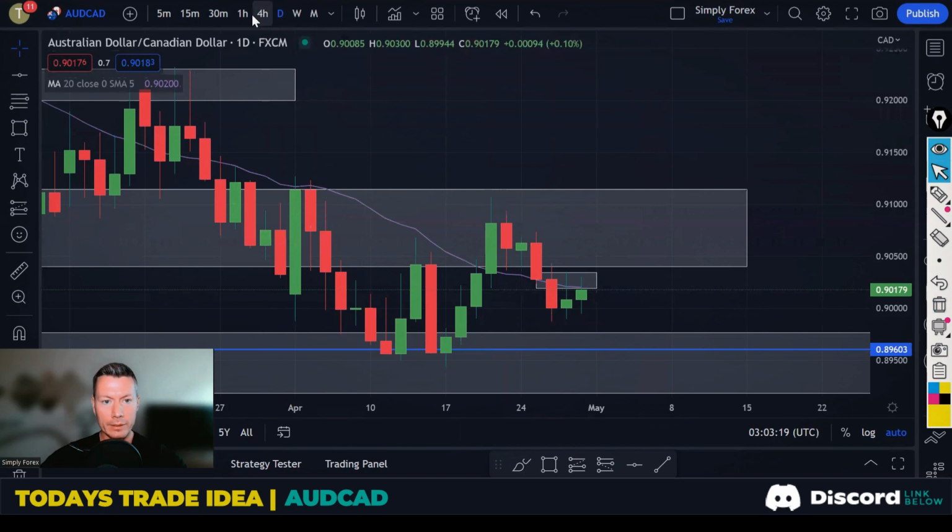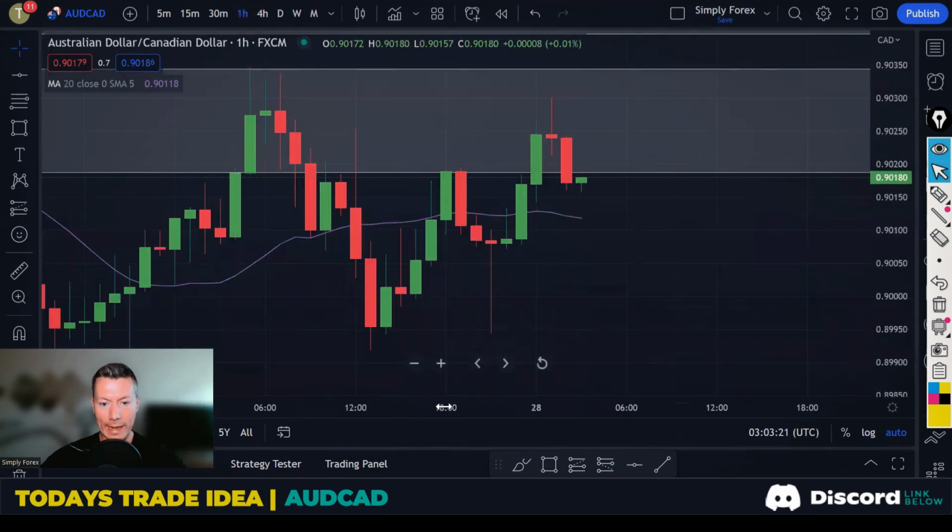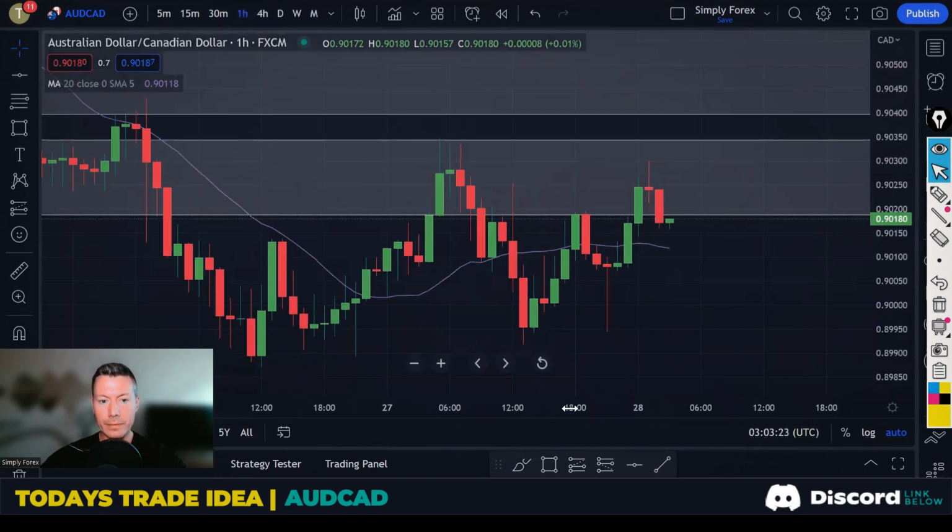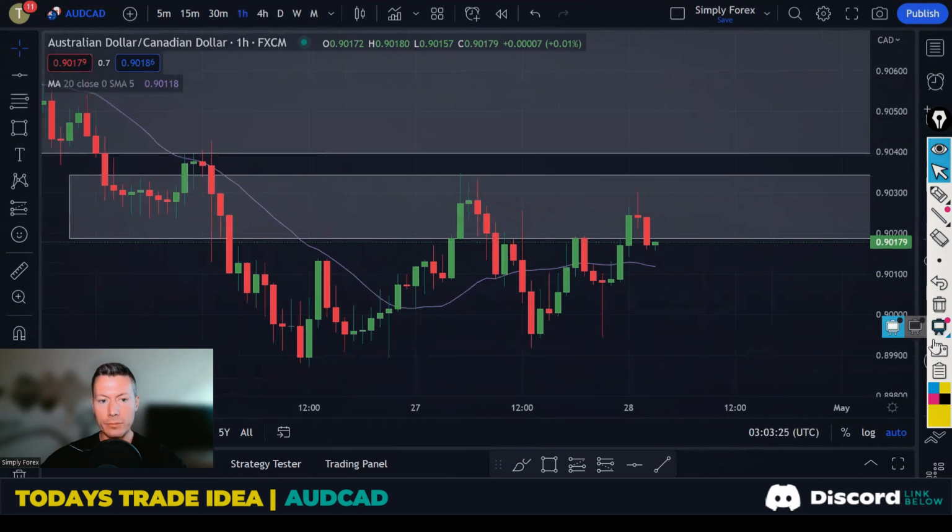If we look at the H1 now, where can we enter? So this grey zone through here, guys, has become the important grey zone. Price keeps reacting in here. So what am I looking for? If price breaks these highs, not interested, guys, because this would mean a break in H4 structure.